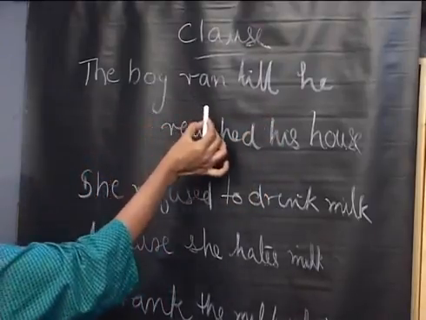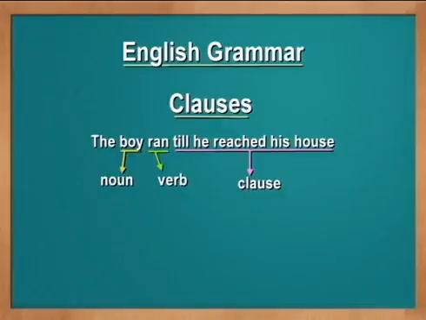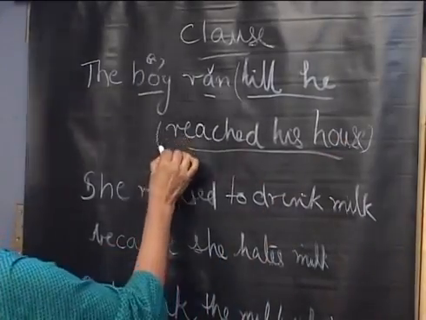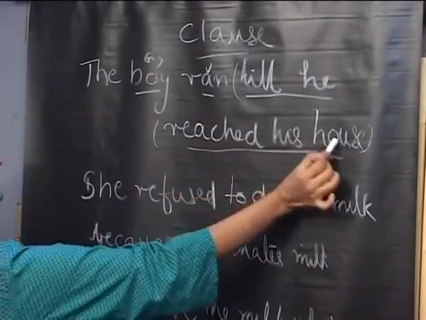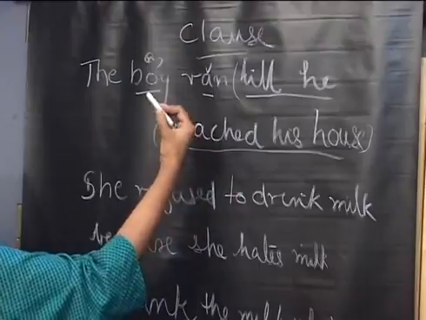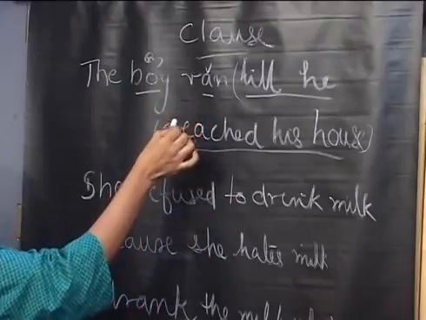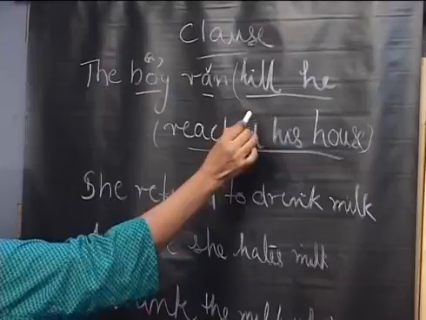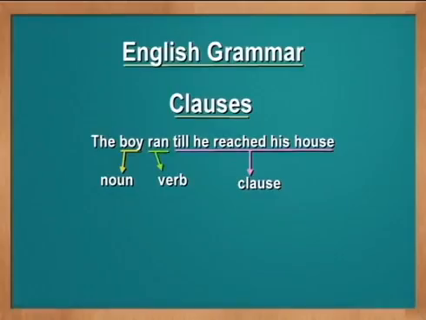Let us look at these sentences. The boy ran till he reached his house. Boy, noun, ran, verb, till he reached his house. The entire thing is a group of words to explain how the boy ran. So, in this group of words, if you look carefully, you will find that there is a subject he and a verb reach.